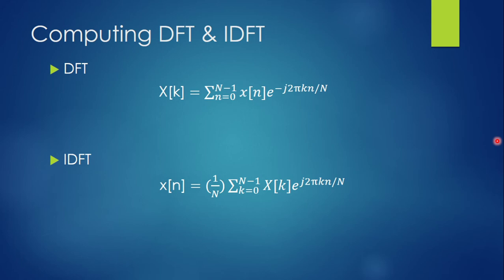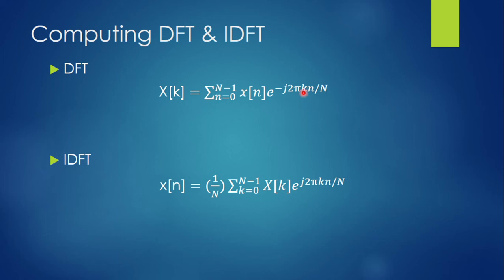Higher the amplitude, more is the similarity, means that signal contains that particular frequency. Suppose here it is x[n], it is multiplied by k is equal to 3, a particular frequency. If x[n] contains that frequency at k is equal to 3, you multiply these two, sum up all the points, you will get a large value of this constant. This means this signal x[n] contains a frequency k is equal to 3.